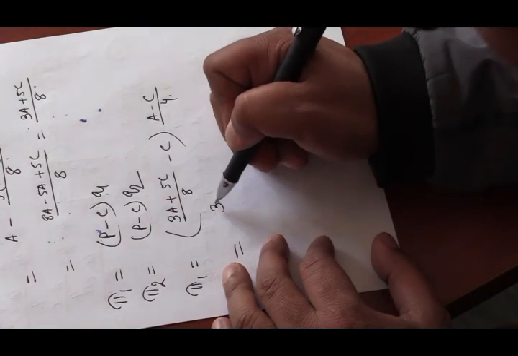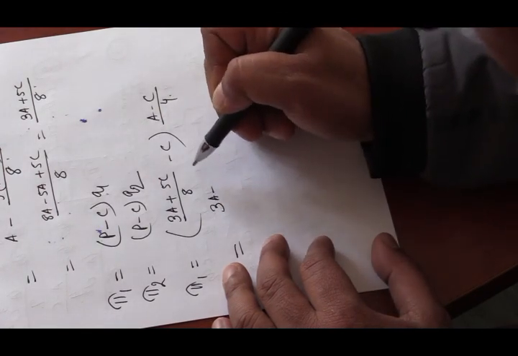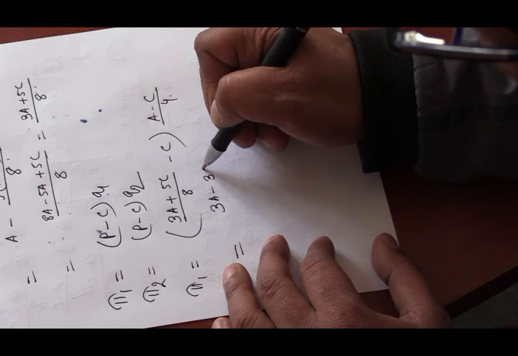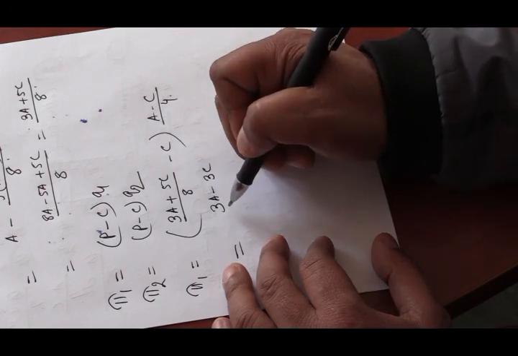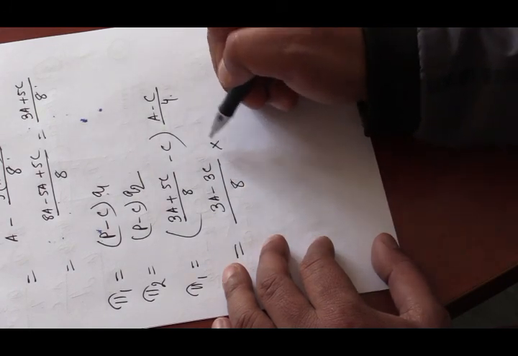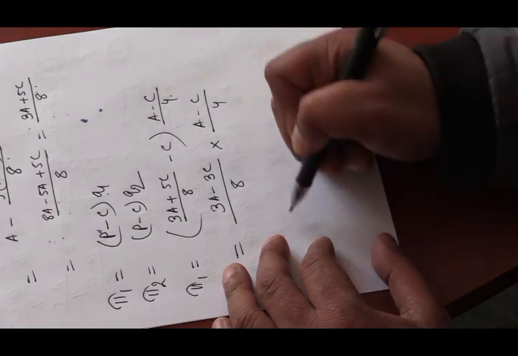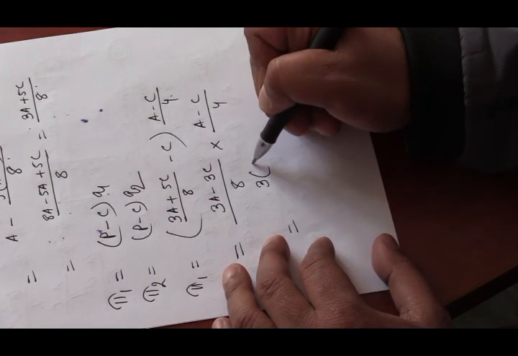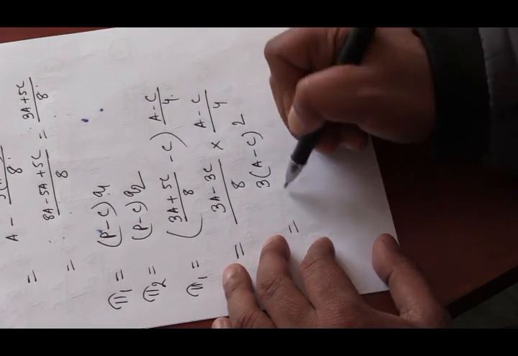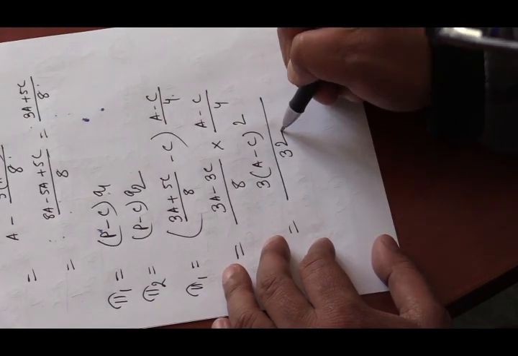It will be (3A − 3C)/8 into (A − C)/4, or we can write it as 3(A − C)²/32.